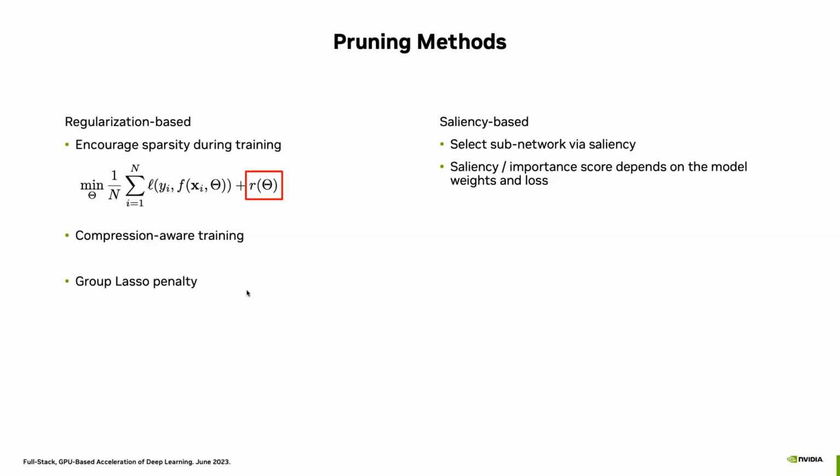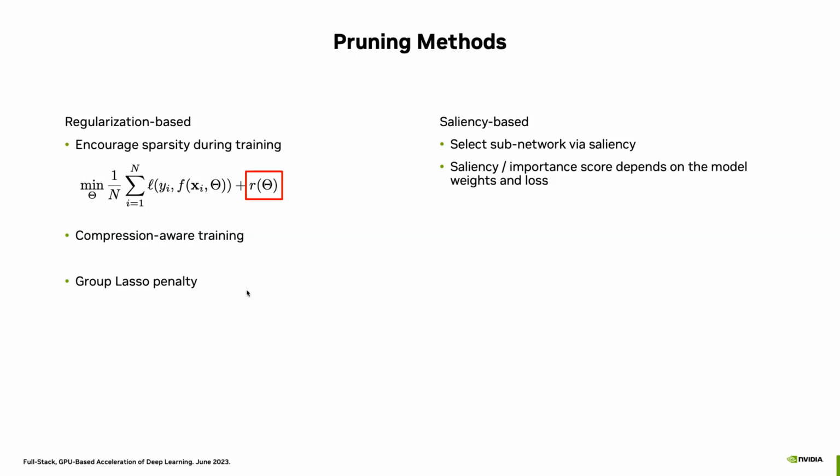So the training will be compression aware, and at the end of the training, some of the parameters or the neurons will be directly set to 0. The saliency-based method, on the other hand, typically takes a pre-trained model, and we try to find what kind of subnetwork will be optimal so that we can get the best accuracy. I will cover this in more detail later.